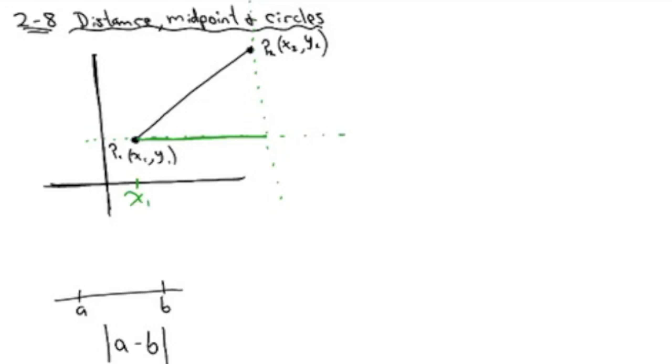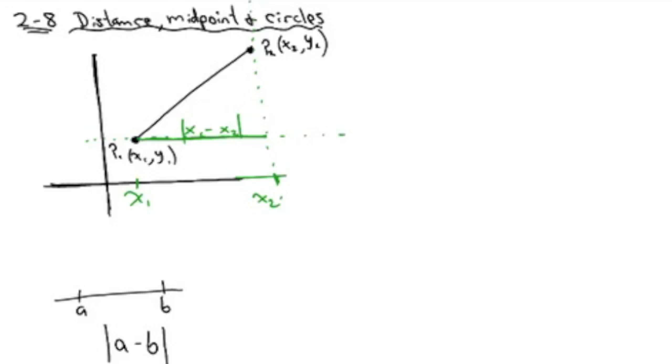If you're over underneath this point, way over here, what's B? X2. So what's the distance along that line? Does my formula say plus? So it would be X1 minus X2. Don't forget the absolute values.